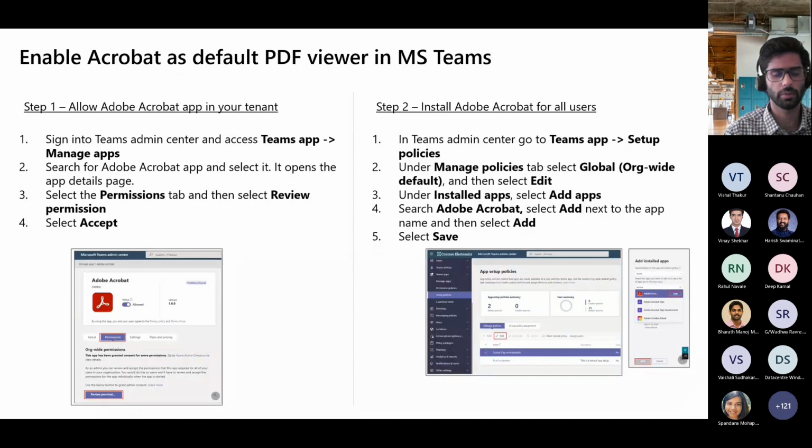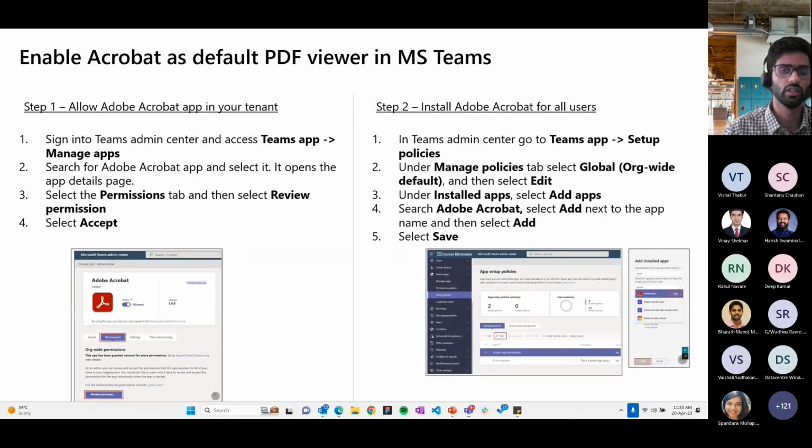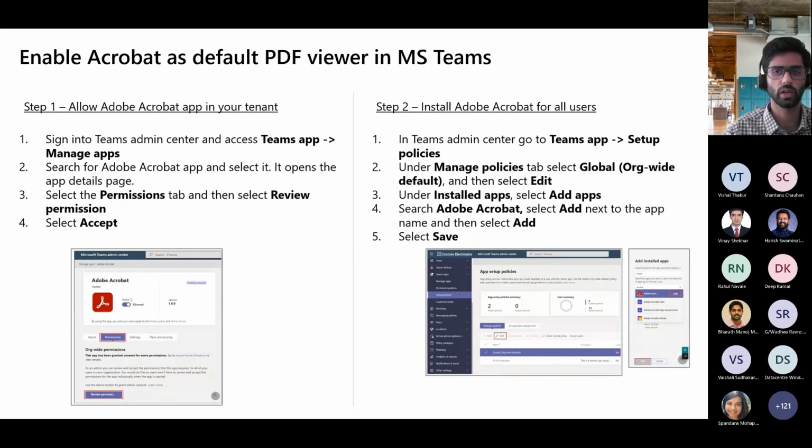That doesn't happen in Teams mobile yet. So in mobile, the default viewer will remain the native PDF viewer. But if you follow these steps, then the default PDF viewer in the desktop and the web client gets changed to Acrobat. But the integration is already available in Teams Mobile as well.